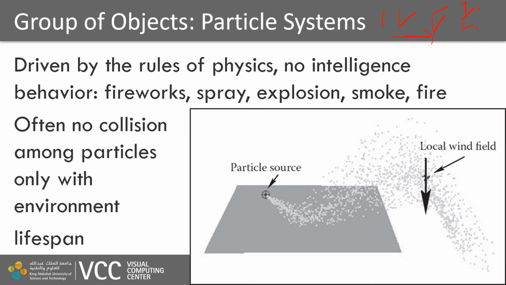So the next and final discussion will be about groups of objects. So we do not have just one object, but we have compound objects, and they are somehow performing a certain animation. A very famous group of objects, which is often used in computer animation, are particle systems. And those are small particles which are driven by the rules of physics.